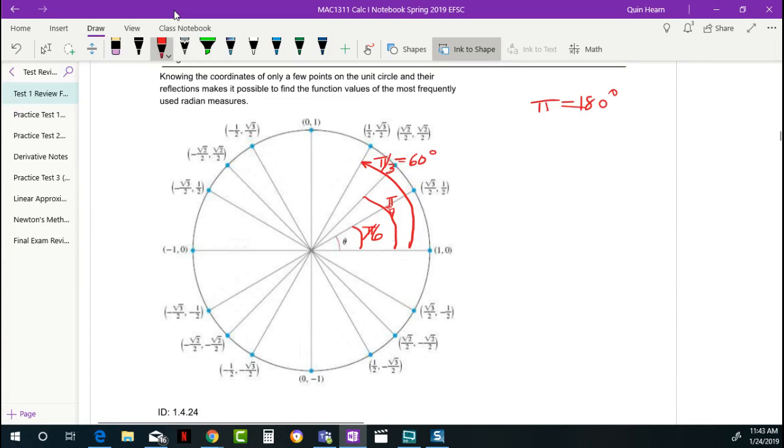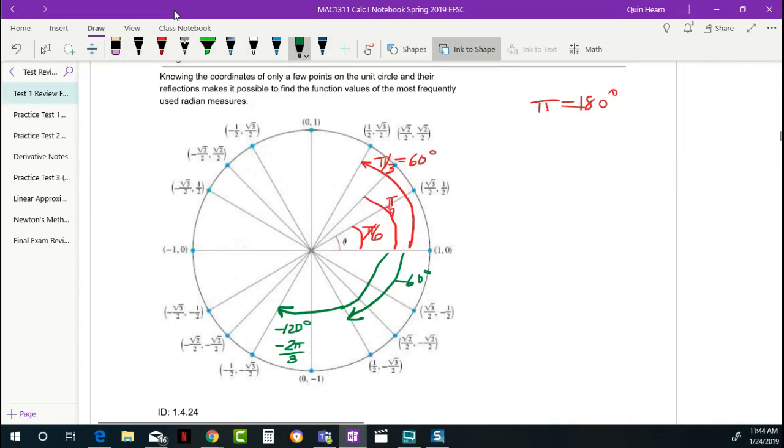To go -2 times that, -120 degrees, you're going to go down 60 degrees, -60, and then you're going to keep going 60 more. So that would be -120 degrees, or -2 pi over 3. Okay, you with me so far?